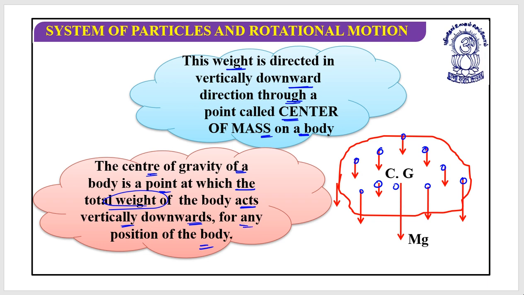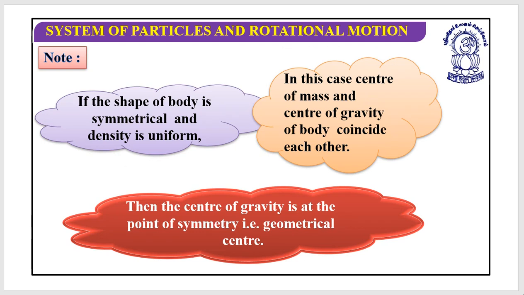So it is the location, or the point of the body, at which we assume that the total weight of the body is concentrated. Now, if the shape of a body is symmetrical and its density is uniform, in this case the center of mass and center of gravity of the body coincide with each other.